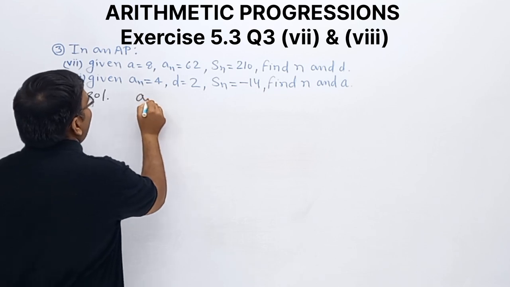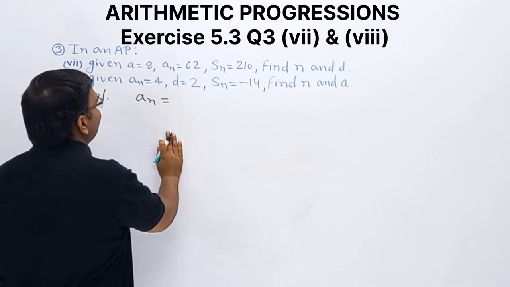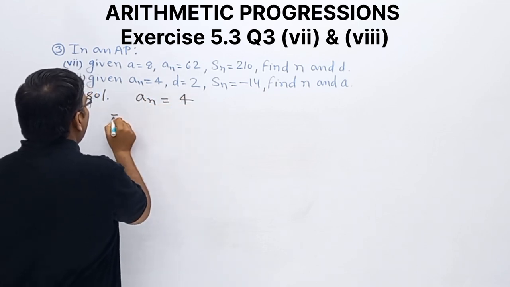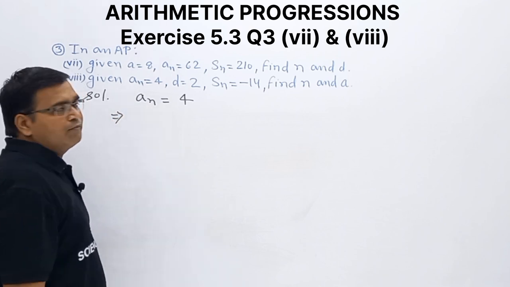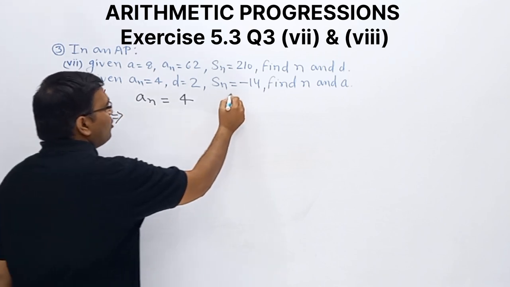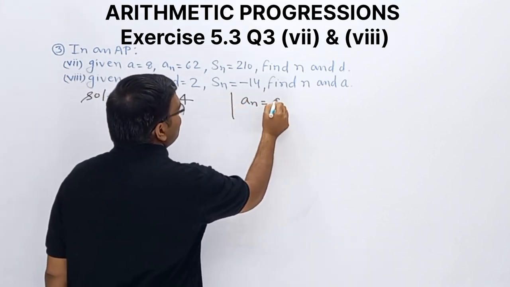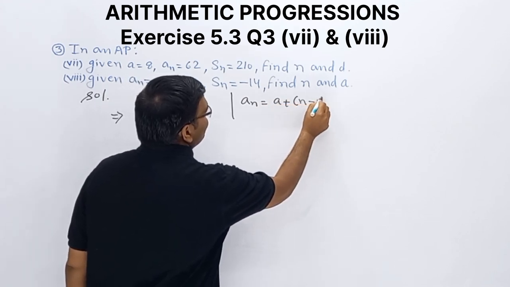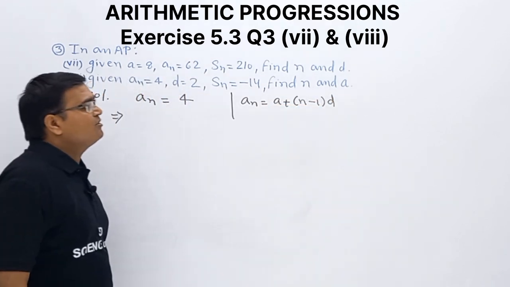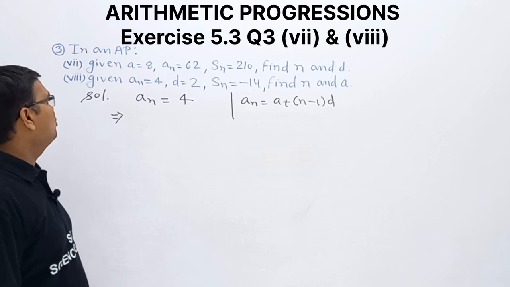So An equal to 4, and An is the nth term of an AP. An equal to A plus n minus 1 into D. Clear? This is the nth term of an AP formula.